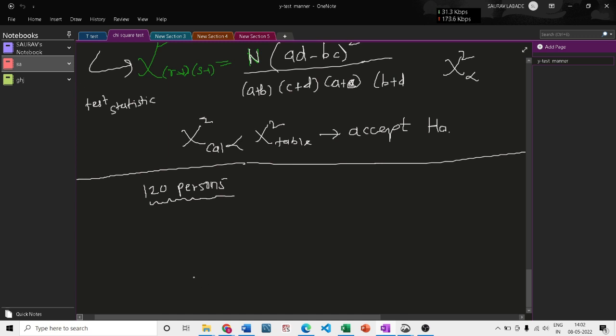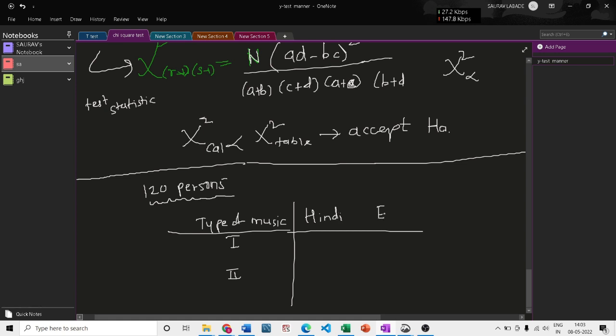Firstly, I am considering two attributes here: the type of music and the language of the music. The music has two types, first and second, and the language is Hindi or English.